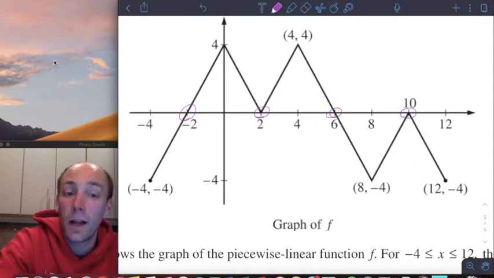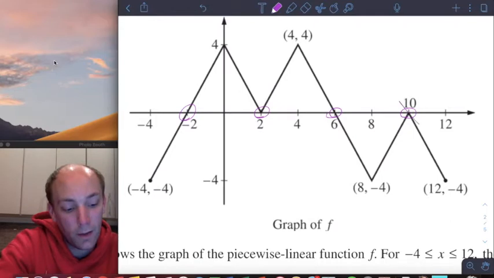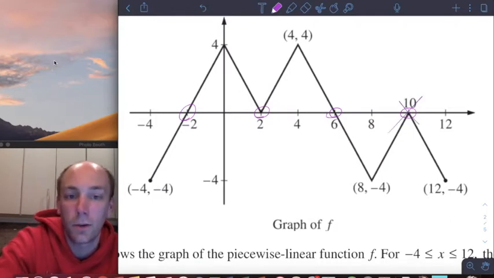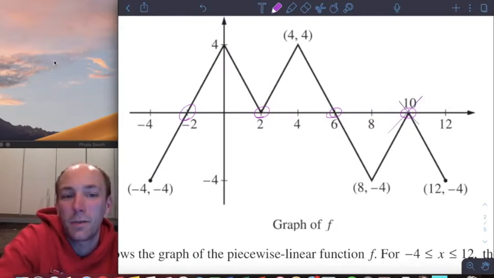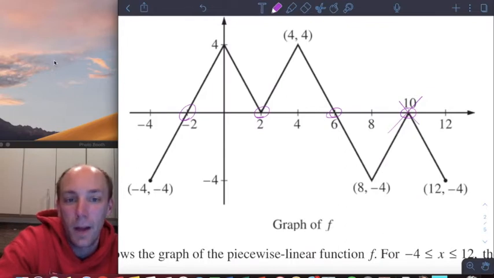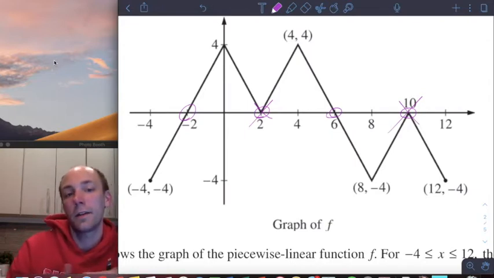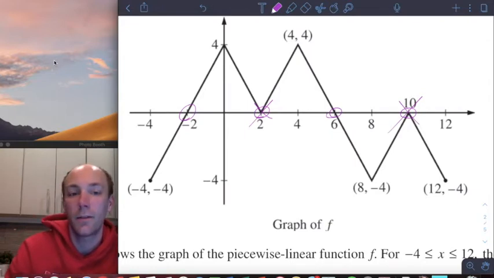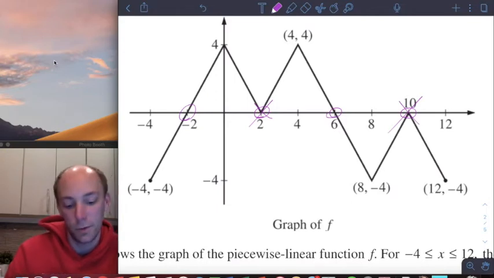Now, in part A, we've already discussed whether I have a minimum or maximum at 10, and we already said that there is neither. So we're not going to use that as a critical number, right? It's not a potential candidate for a minimum or a maximum. X equals 2 does not change signs, right? It doesn't change from positive to negative or negative to positive. So again, I am not going to have a minimum or maximum at x equals 2.